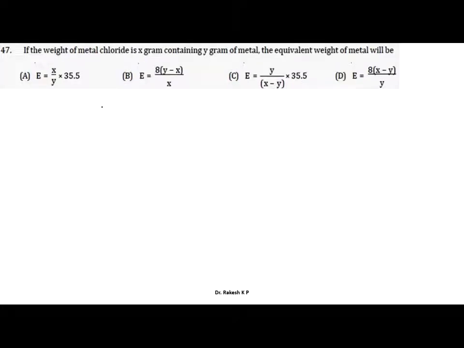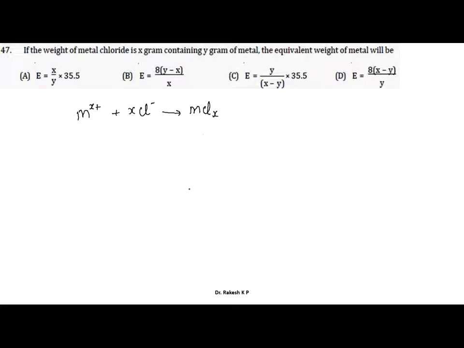If the weight of metal chloride is x gram containing y gram of the metal, the equivalent weight of the metal will be. Let me write the general reaction here: M^x+ plus x Cl^- gives MClx.